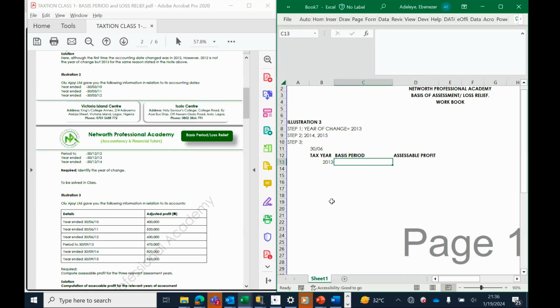It's preceding year basis, right? Yes, sir. So it means that the basis period must start and end before this 2013. So the last year in the basis period must be 2012, must not be 2013. And we are looking at 30th of June, which is the old accounting date. So it is going to be from what?